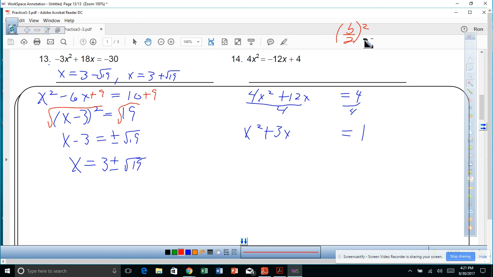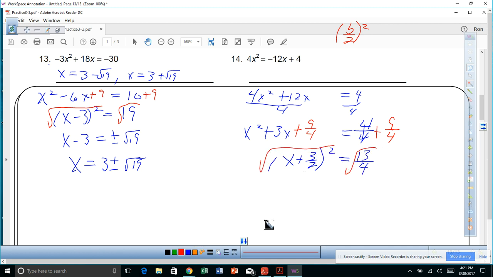Now I'm going to add 3 halves squared, so that's going to be plus 9 fourths. And that's going to give us x plus 3 halves squared equals, and 1, that's the same as 4 over 4, so that's going to give us 13 fourths. Take the square root of both sides. Now this ain't hard at all, is it? So we got x plus 3 halves equals plus or minus the square root of 13 over 2.